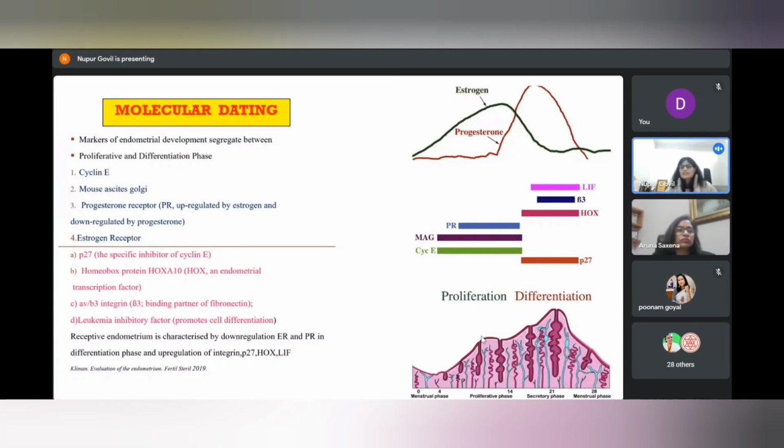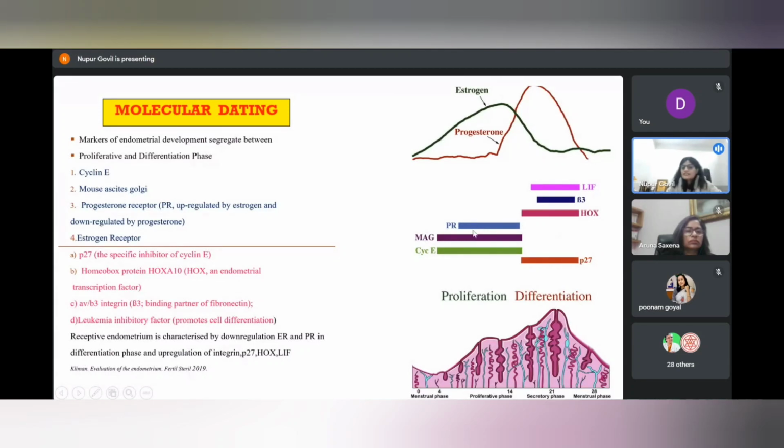So there are certain markers which are subjected to different phases of the cycle. There is an estrogen phase, there is a progesterone phase. There are certain molecular markers which are expressed specifically in the estrogenic phase, and there are certain molecular markers which are expressed in the differentiation phase, that is the progesteronic phase.